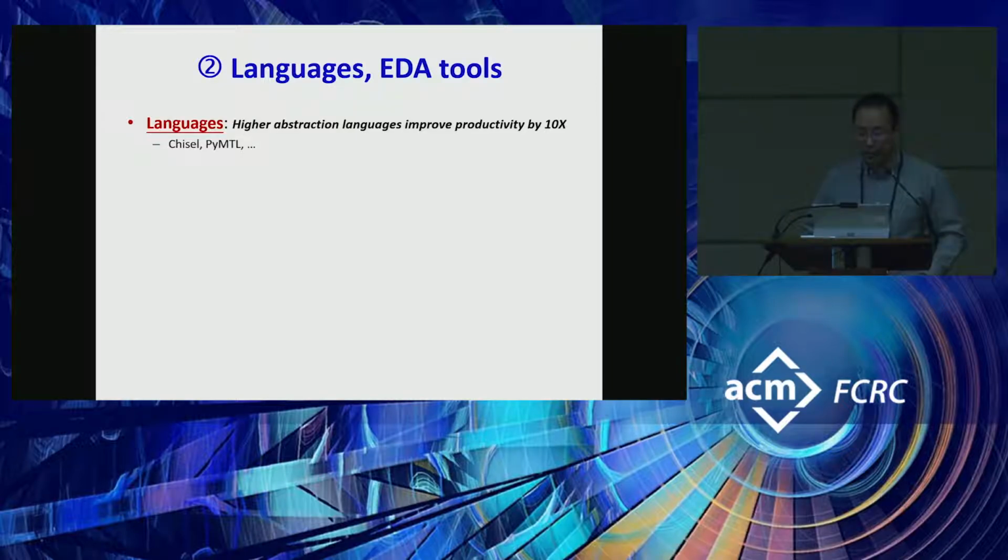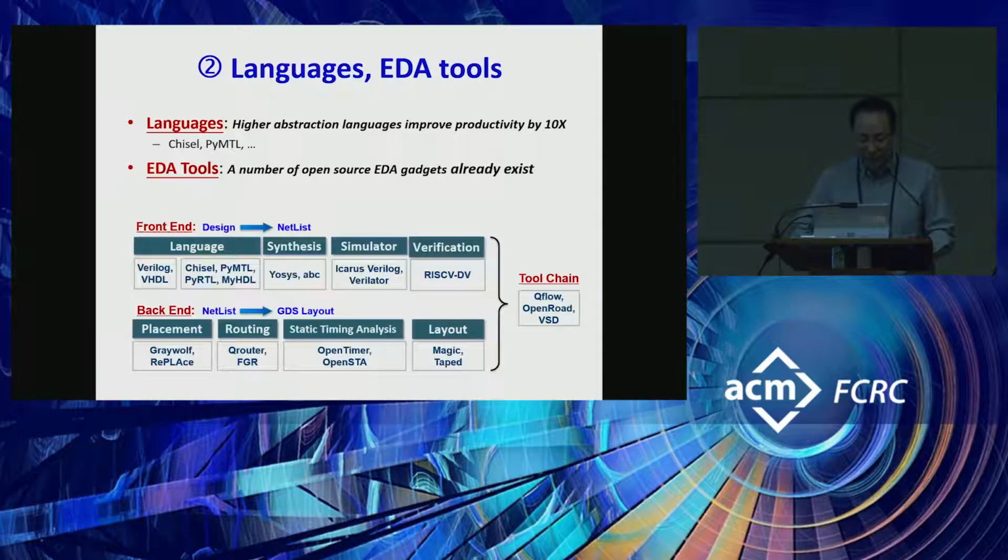Next is about languages and EDA tools. Now we have more and more high-level abstraction languages that can improve productivity significantly, sometimes by an order of magnitude, like Chisel and PyMTL. There are also already a bunch of open source EDA tools. For the front end, we have open source synthesis tools, simulators, and verification.